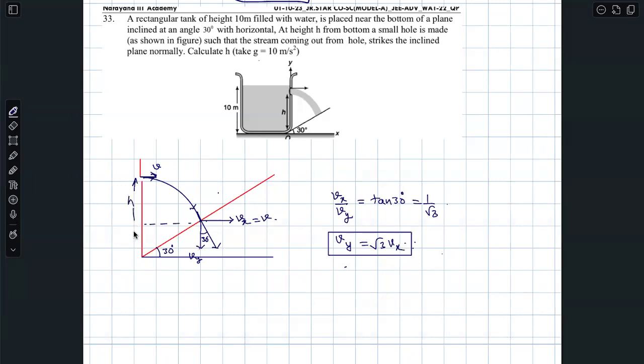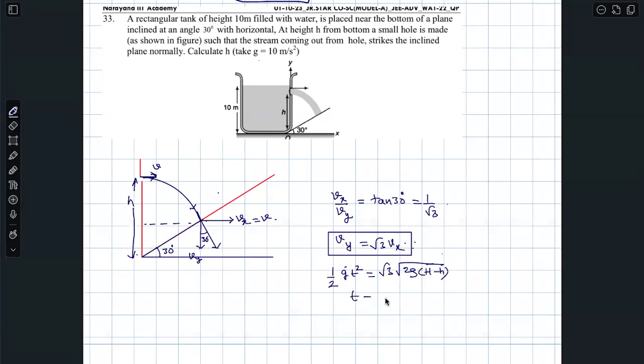For example, if this is H, what is going to be this part? It is striking normally here, right? From this, I can find time also. Half g t square is equal to root 3 Vx, H minus h.